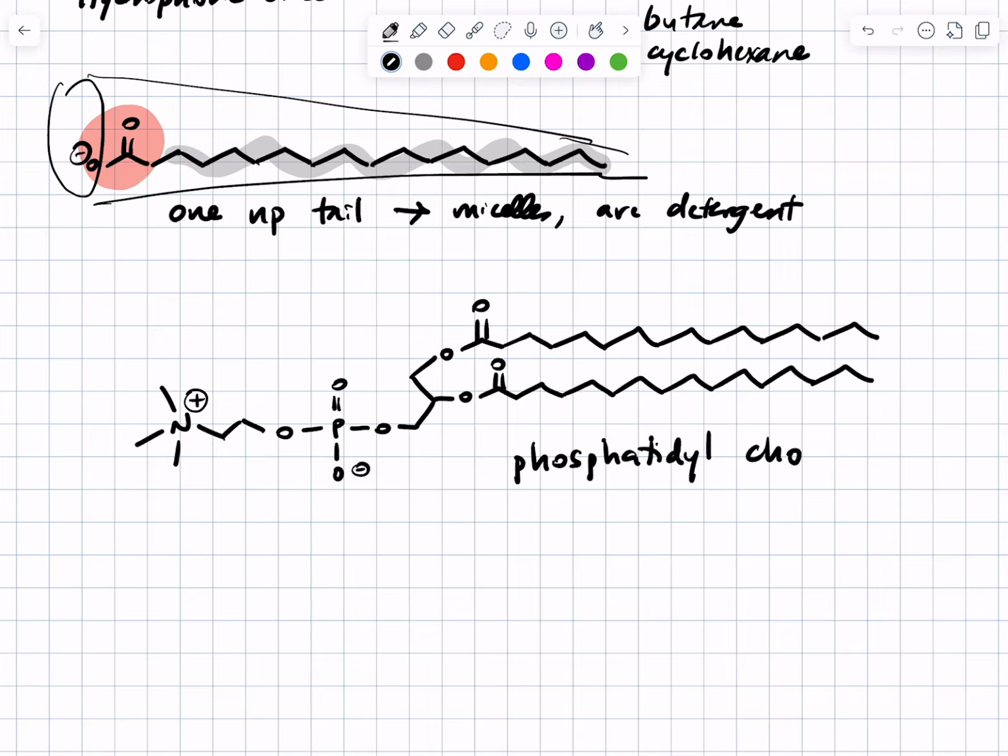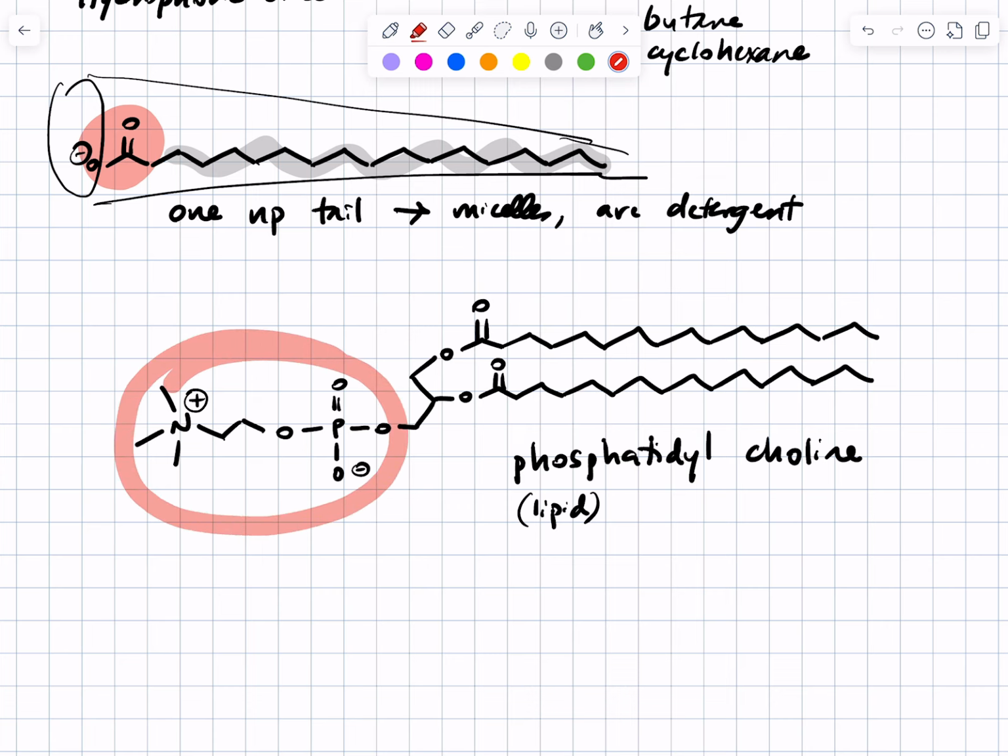This molecule is called phosphatidylcholine, and it is an example of a lipid. And lipids are, in general, biological molecules that are nonpolar. But if you relax your eyes just a little bit, you can see the polar head group, and then you can see the two nonpolar tails.